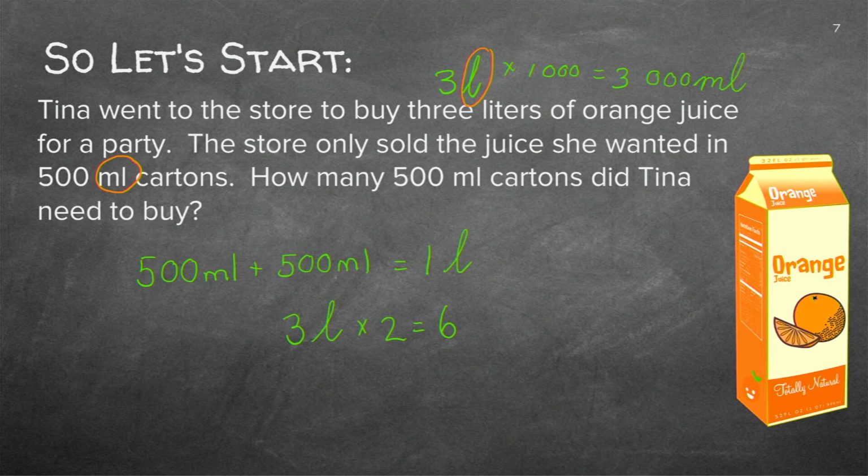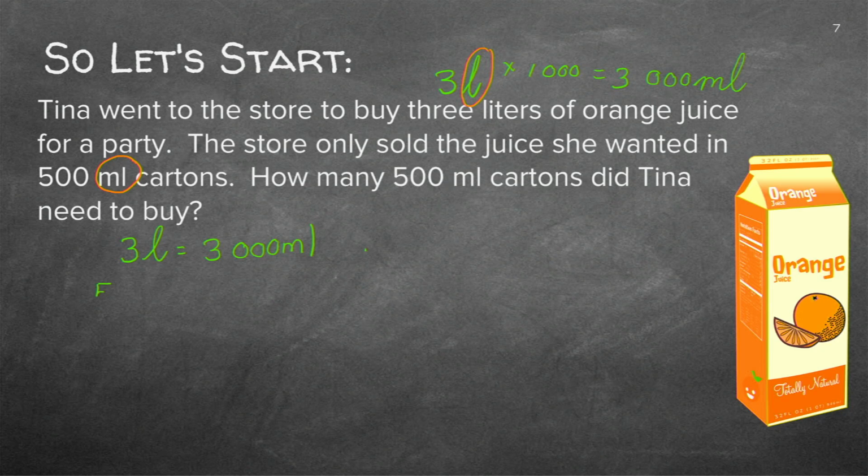So the calculations you are doing here, let me show you properly. There's more than one calculation in this word problem. First of all, you had to make the 3 liters 3,000 milliliters.